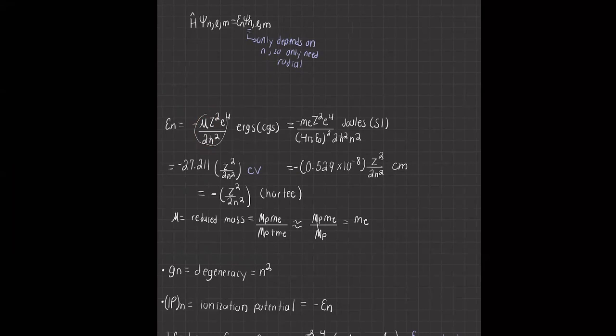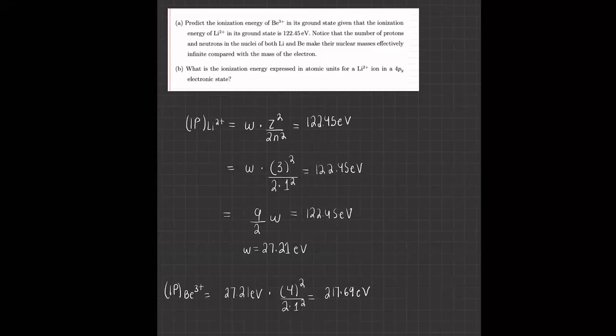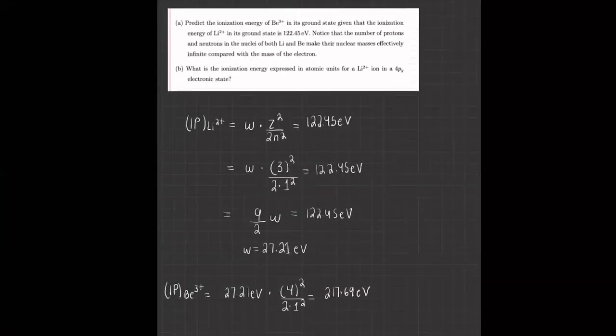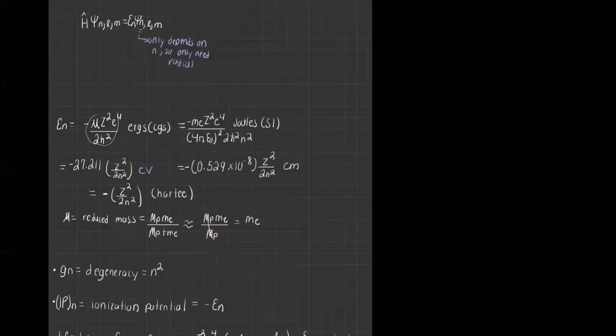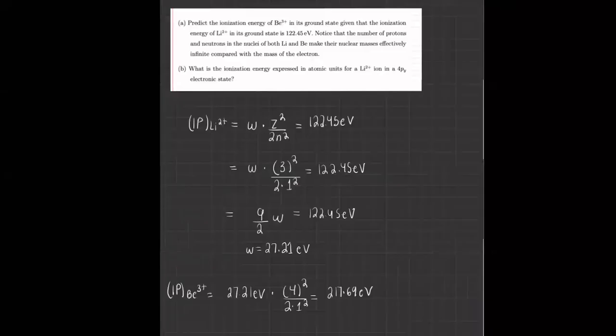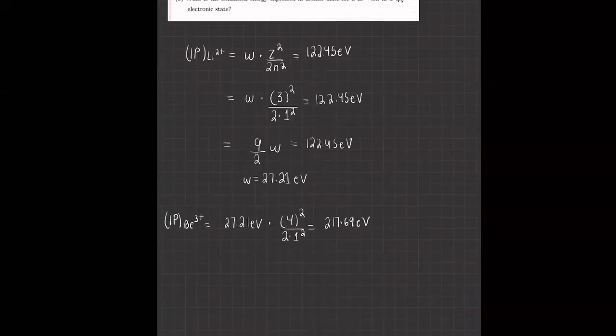Wouldn't that depend on the charge Z though, and here we have different charges? It does, that's why the charge and the n are right here. W is all the other constants that don't change. Gotcha, thank you. And if you calculated with this here, you'll be perfectly fine, but this is just in case you don't have that.